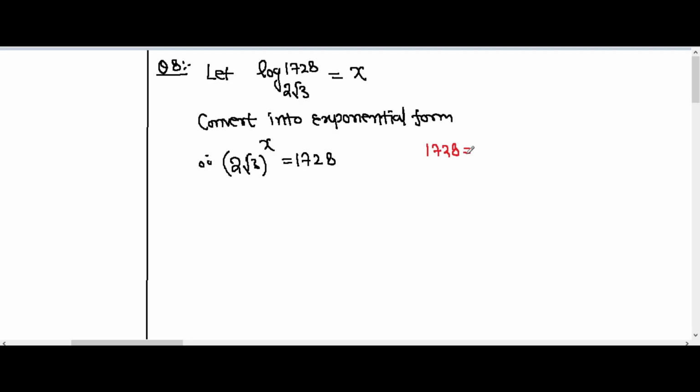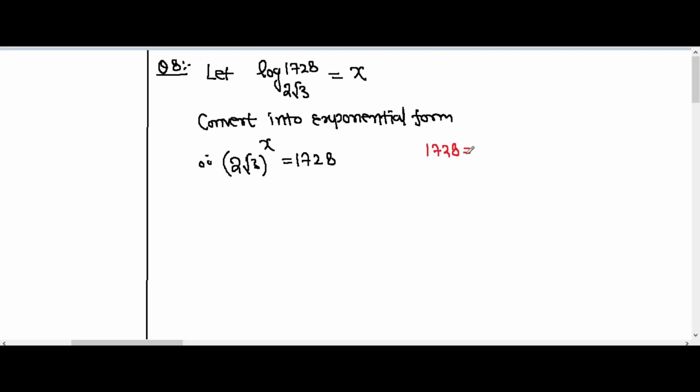Therefore, 2 raised to 6 into root of 3 whole raised to 6. And if we mark power combinedly, then we have 2 root 3 whole raised to 6. So therefore 1728 is written as 2 root 3 raised to 6.